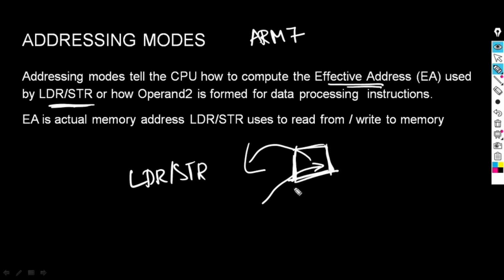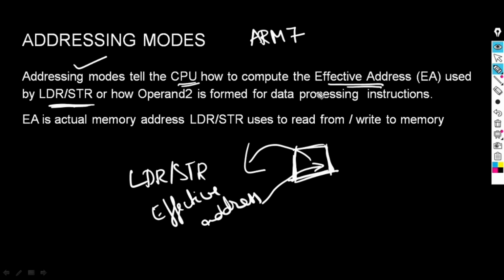So this particular memory address is the effective address. It's the actual memory location from where you want to read or write some data. This effective address is calculated by the CPU with the help of addressing mode.